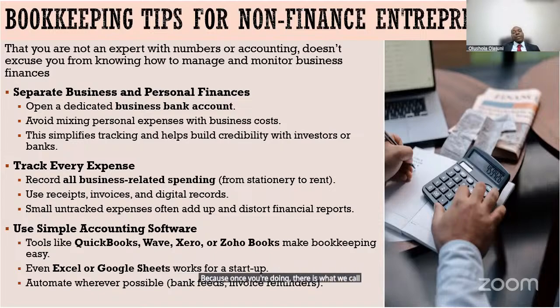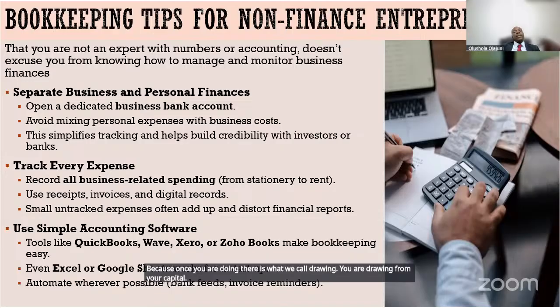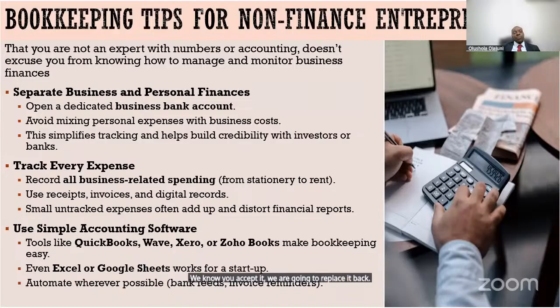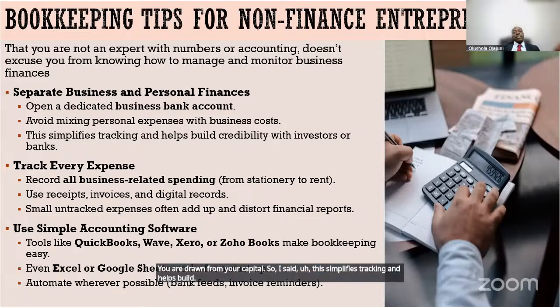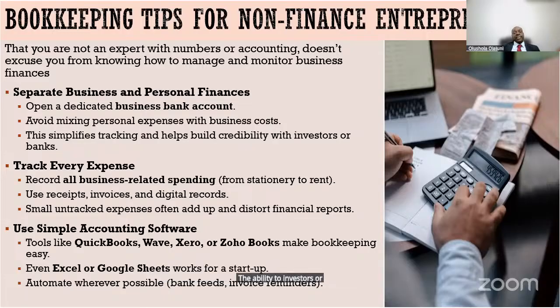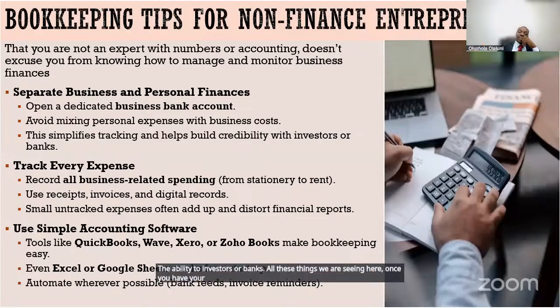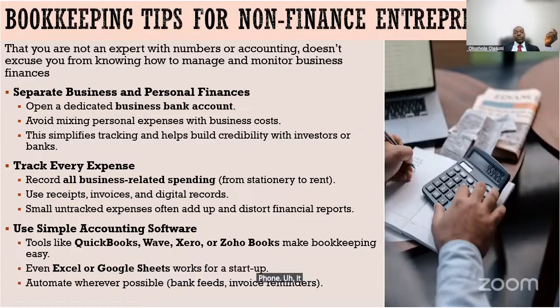You are drawing from your capital without you knowing, except maybe you are going to replace it back. You are drawing from your capital. So I said this simplifies tracking and helps build credibility with investors or banks. All these things we are saying here, once you have your documentations ready, fine. It will be difficult for investors and banks to turn your applications down.